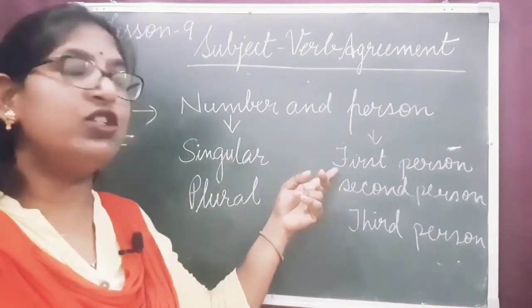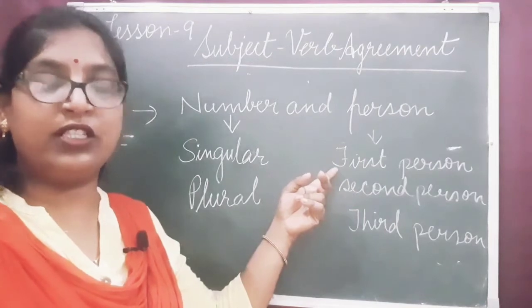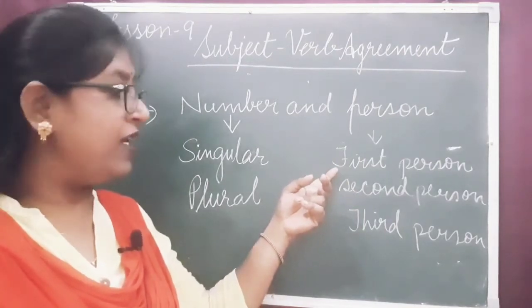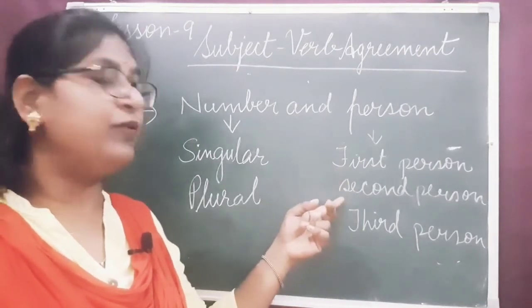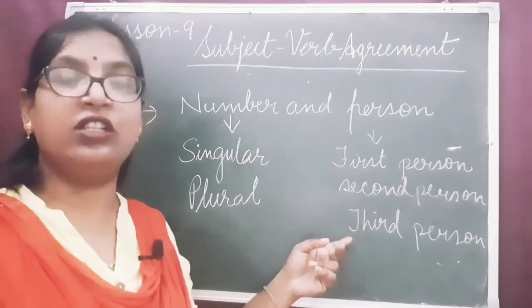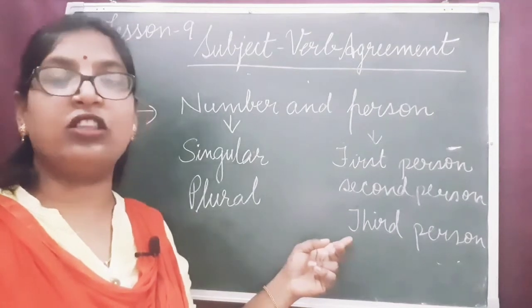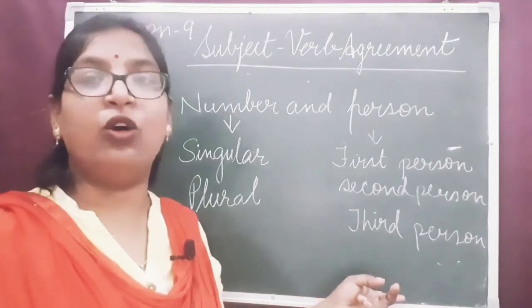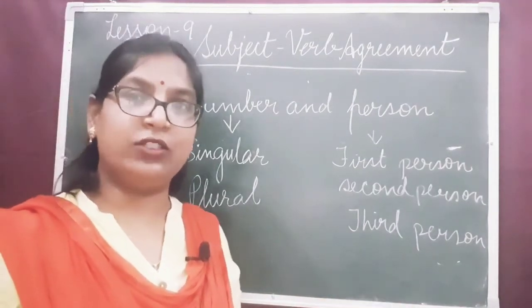First person denotes the speaker, second person denotes the person spoken to, and third person denotes the person or thing spoken of or spoken about.